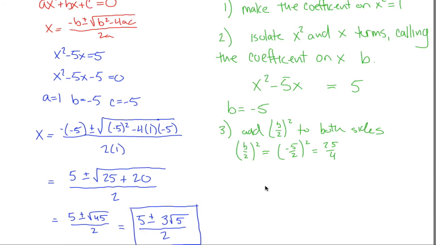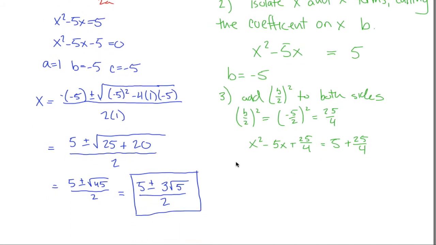So what I'm going to add to both sides is 25/4. X squared minus 5x plus 25/4 is equal to 5 plus 25/4. Why am I adding 25/4 to both sides of the equation? The reason comes in step 4.